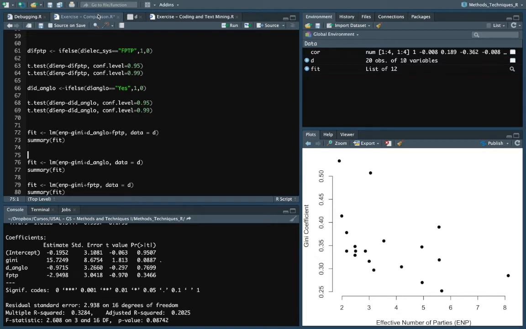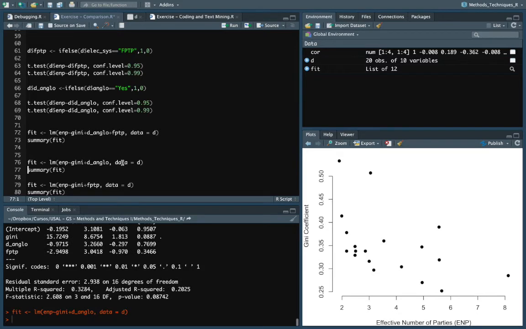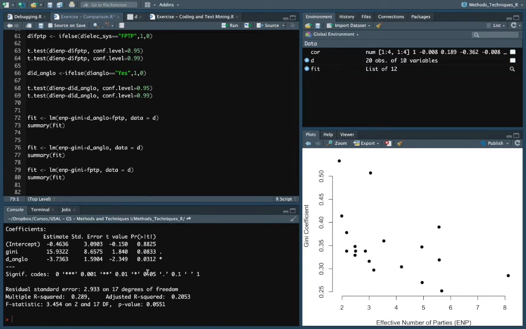So I will control the ENP here by Gini and Anglo-Saxon data. And after, I will control by first past the post. So when I take off the first past the post from the equation, you can see that at 95%, the Anglo-Saxon is significant.